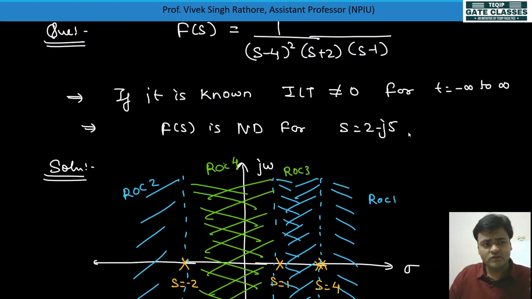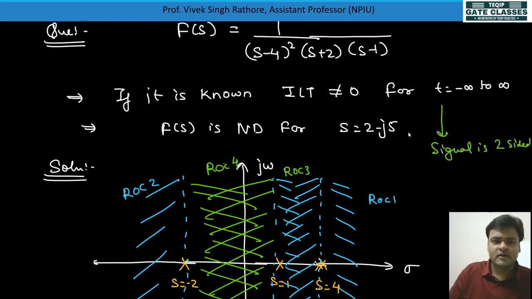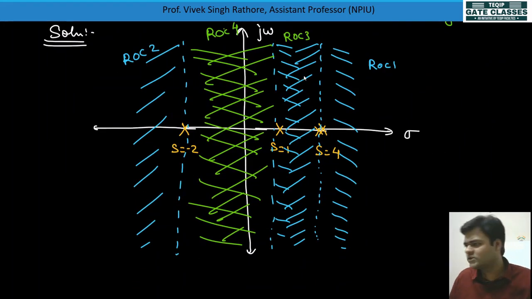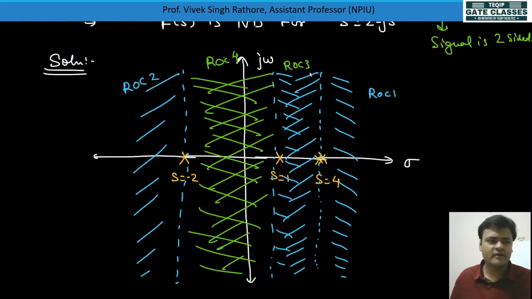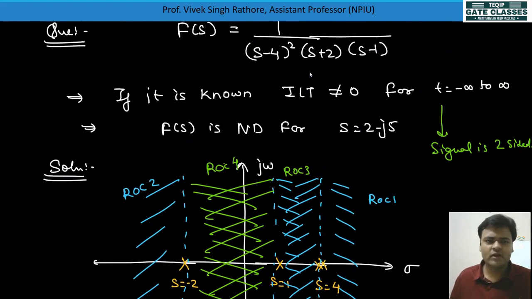But it is not 0 for t equal to minus infinity to infinity. This condition says that your signal is two sided. So it means that only ROC3 or ROC4 can happen for this type of signal.